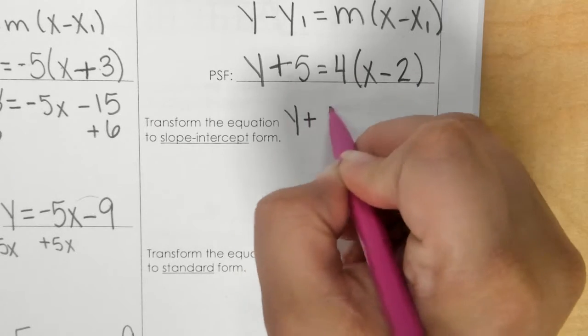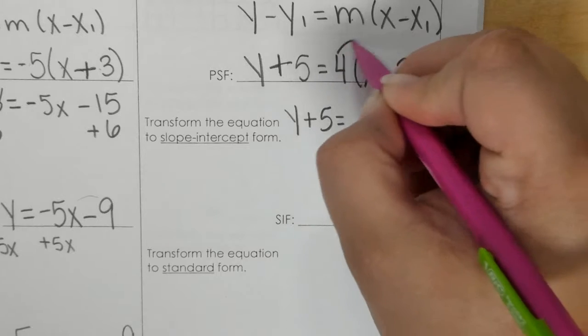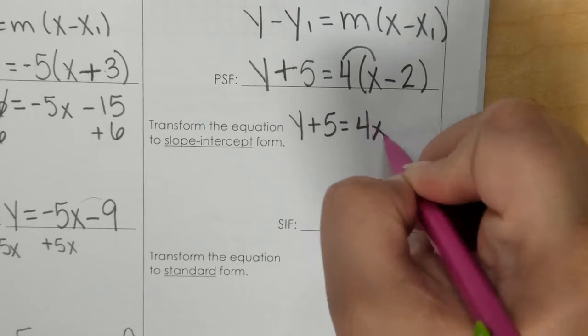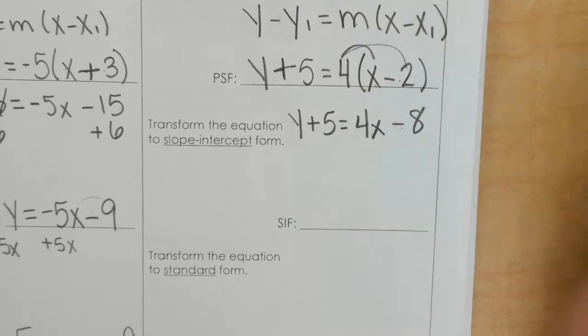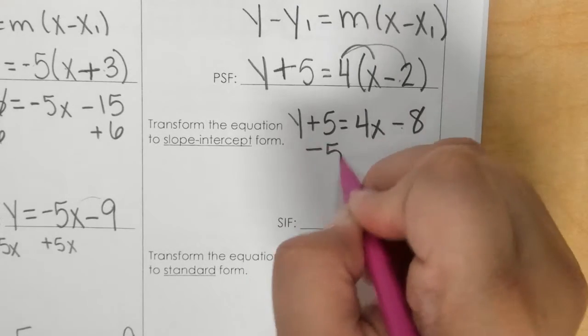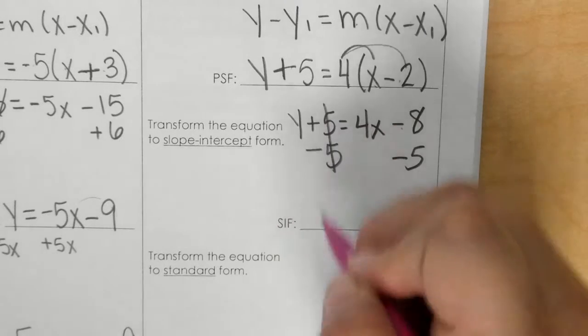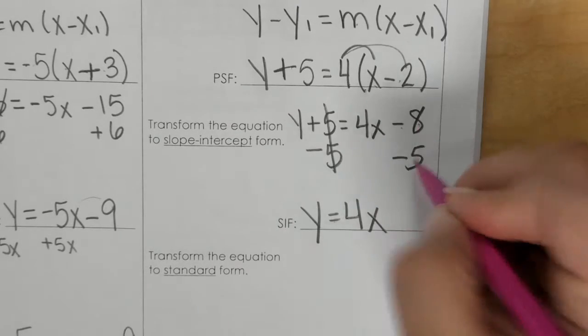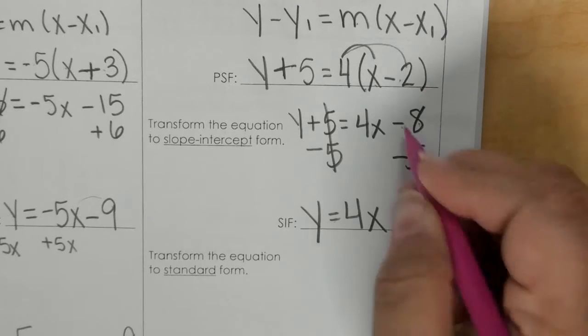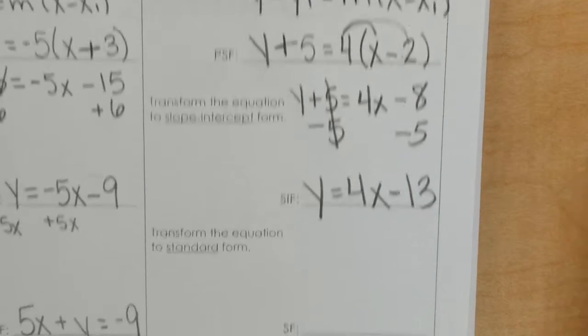So y plus 5, distribute the 4. So 4x, and then 4 times negative 2 is negative 8. Subtract 5 to both sides so that we can get y by itself. And if we combine 8 and 5, that's a 13. But since they're both negative, we keep it negative.